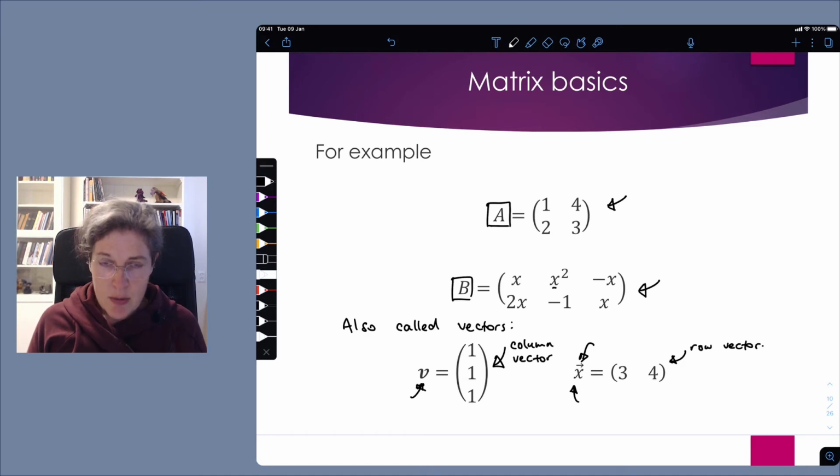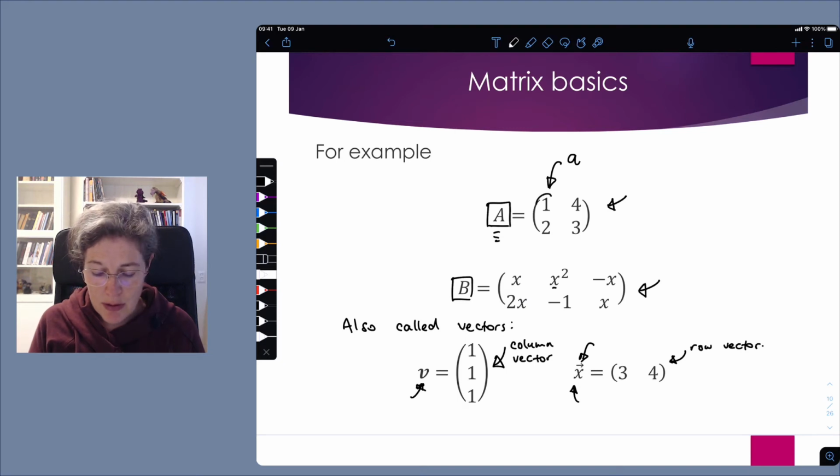Other things, now suppose I want to refer to some of the entries in my matrix A. Well, then I will usually refer to a particular entry using a lowercase of the uppercase name of the matrix. So for example, a, and then the indices of the row and column in which that particular entry is found.